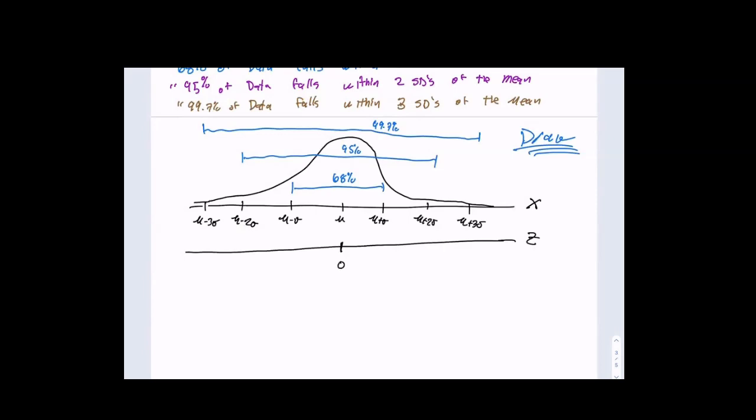If you are 1 standard deviation above the mean, then what's your z-score? +1. Good, and then 2 and 3. If you're 1 standard deviation below the mean, then you are -1. And 2 standard deviations below the mean? -2. And finally, -3. Okay.